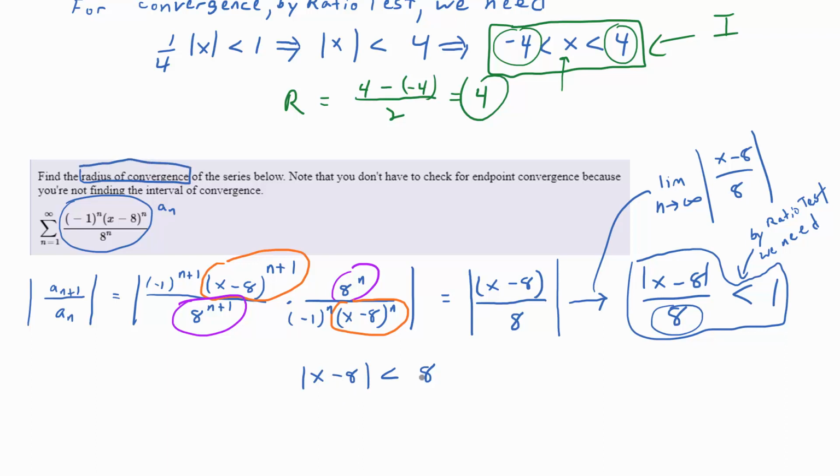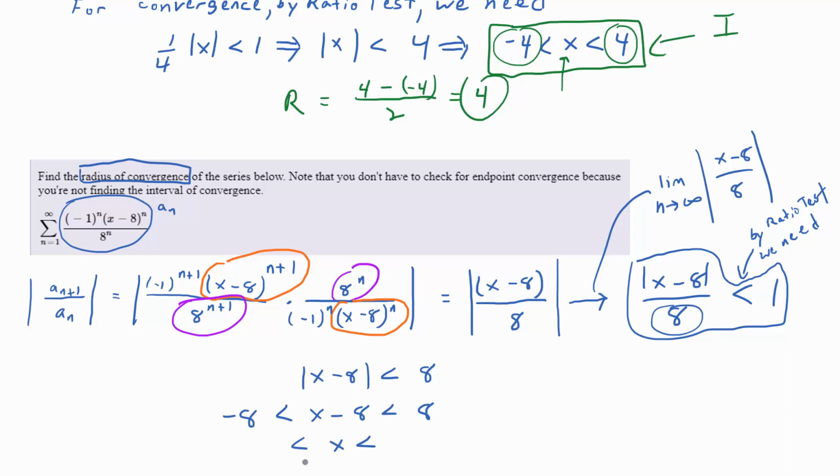So you can kind of tell what r is right now. It's got to be 8. But let's say you want to get at least the full interval without the endpoint convergence, and you want to drop the absolute values. You could write it like that, right? Absolute value of x minus 8 is less than 8 means x minus 8 is between negative 8 and 8. And then if you add 8, you get the interval of convergence, or at least part of it.